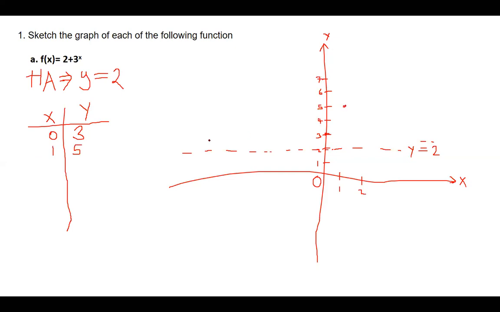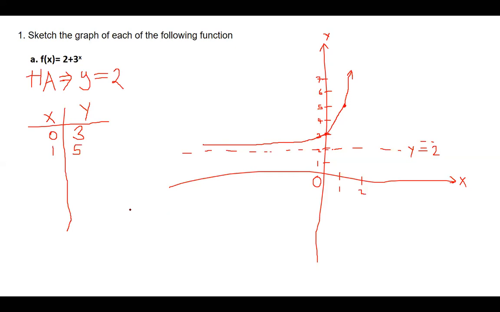Now we can draw, starting from the horizontal asymptote, like this. So this is how you basically sketch the graphs of exponential functions.